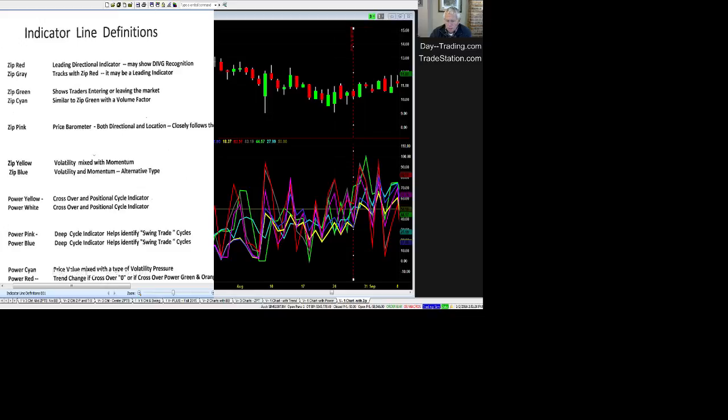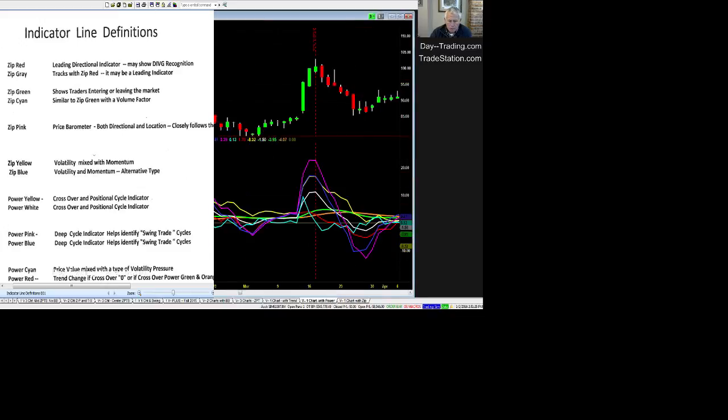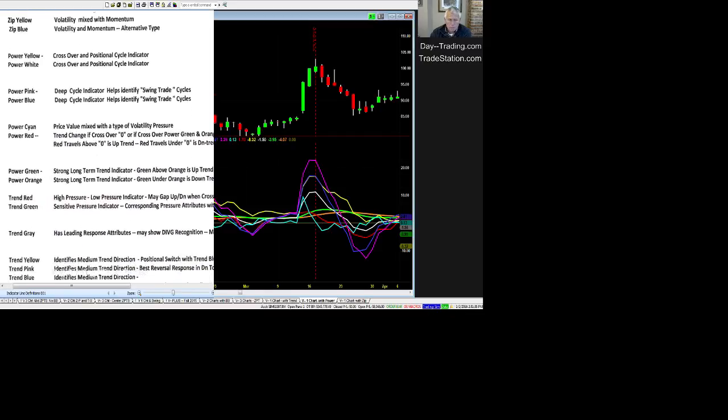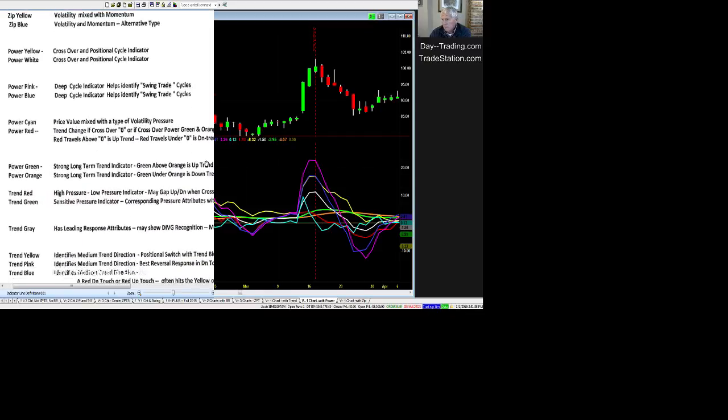The next chart I'm going to switch to is the power chart, and the power chart has, let me move this down here a little bit. I'm going to start with the crossovers and positional cycle of both the power yellow and the power white.